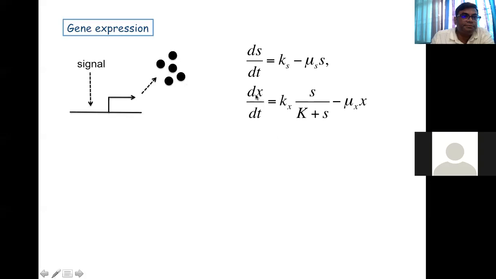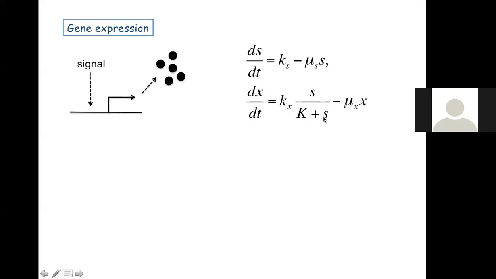The black circles will be produced only from the on state of the gene. So I have used s by k plus s, where in the previous slide I showed the probability of the on state, which was x by k plus x, just replaced x by s because now my transcription factor I have designated as s, and there is the normal degradation of my gene product.